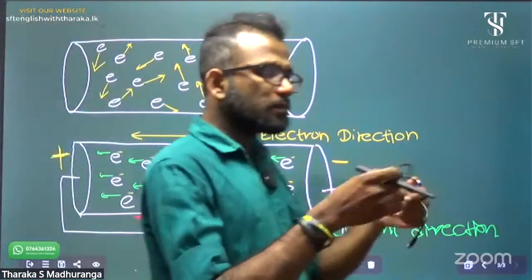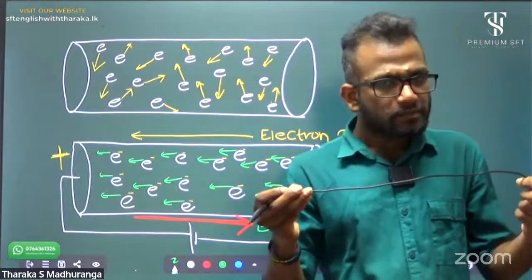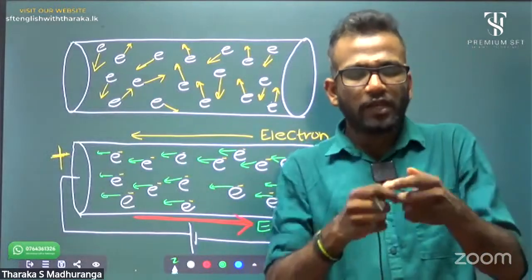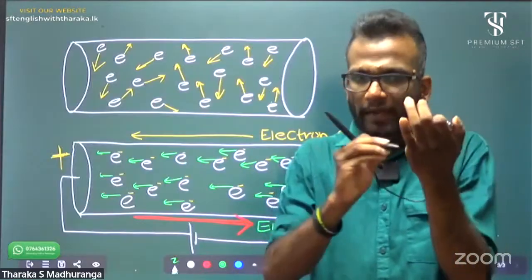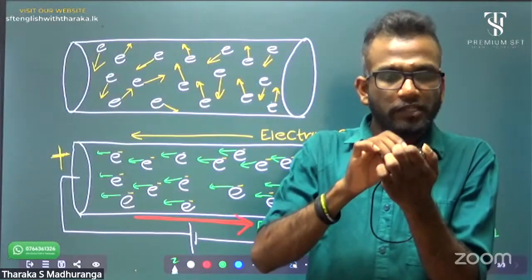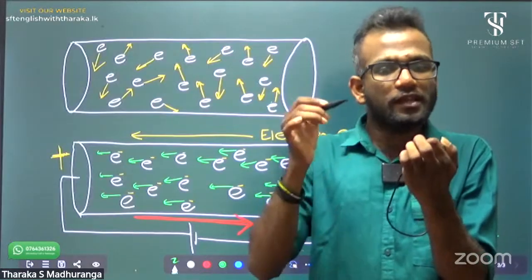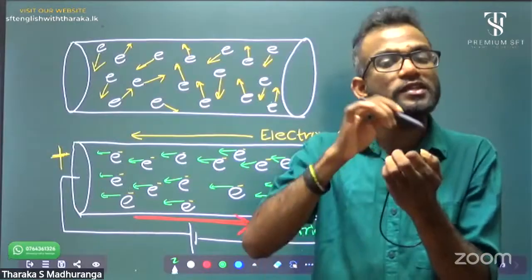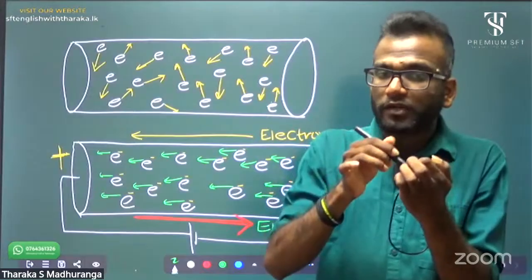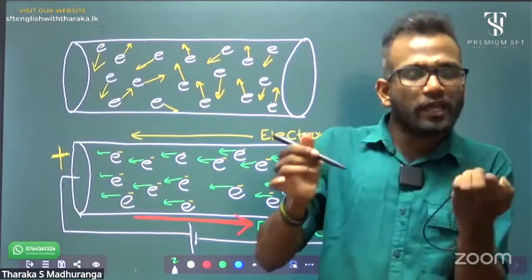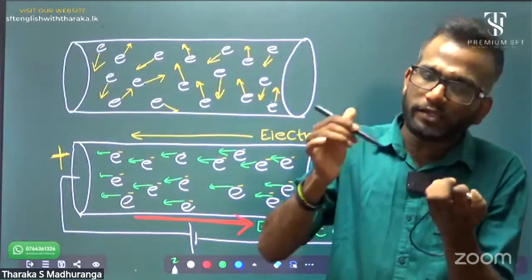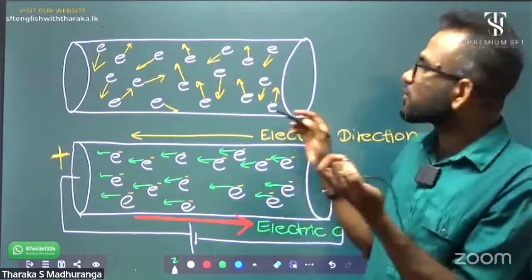In a normal conductor, the free electrons move randomly. But when I connect it to a battery, one side gets positive potential and the opposite side gets negative potential, so there is a potential difference. The free electrons try to move in the positive direction due to the attraction, and that is what we call the electron direction.